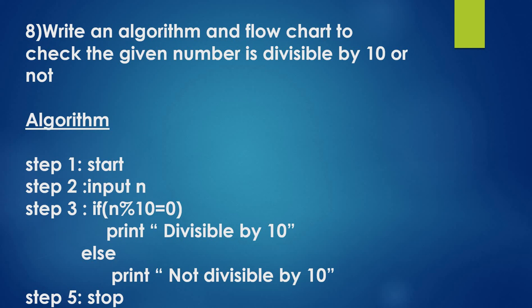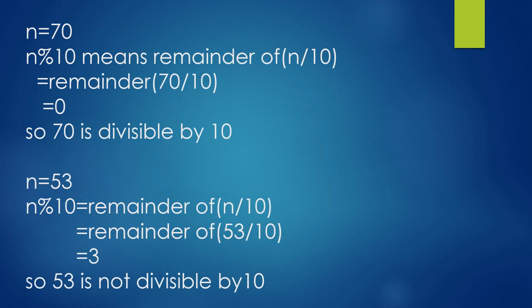Then how to check whether a number is divisible by 10? When we divide that number by 10, we need to get the remainder 0. If that remainder is 0, then we can say that number is divisible by 10. Suppose n is equal to 70.